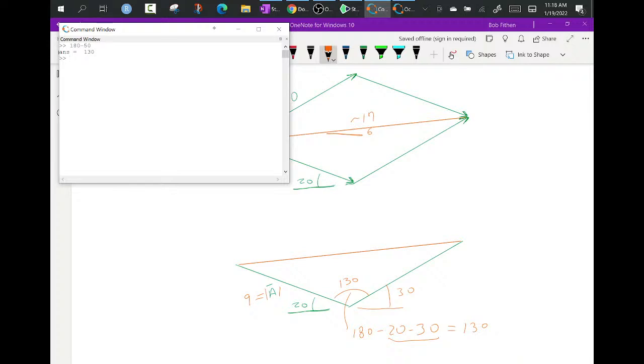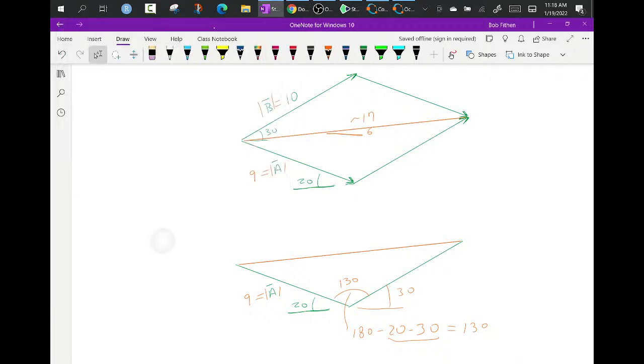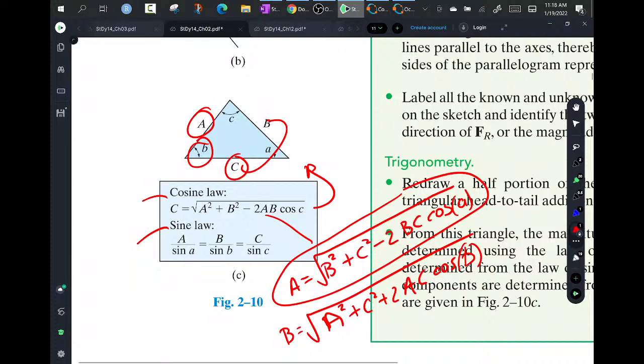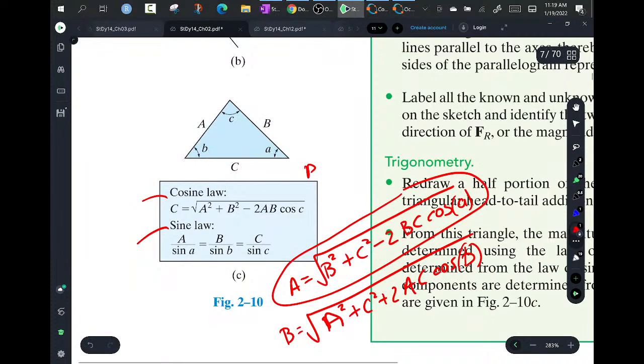So, the fact of the matter is, I know the length of this one is 10. So what do I know here? I know a length, I know an angle, and I know another length. Wait a minute, this puts me in the realm of knowing. Let's take a look at the law of cosines versus the law of sines.